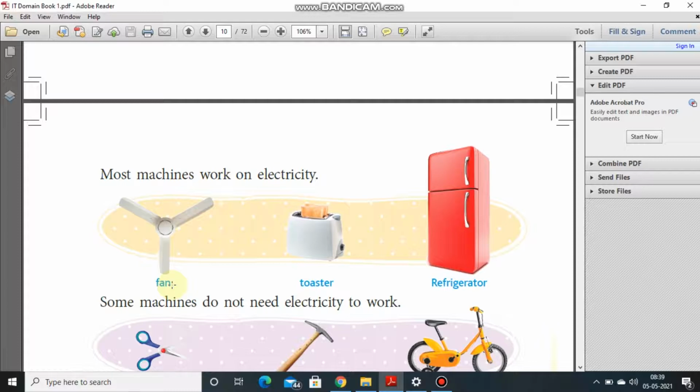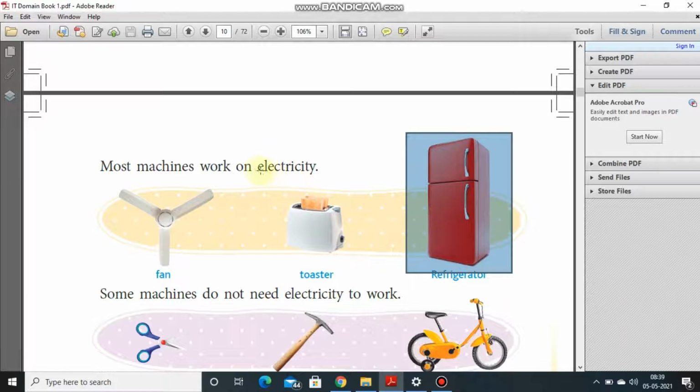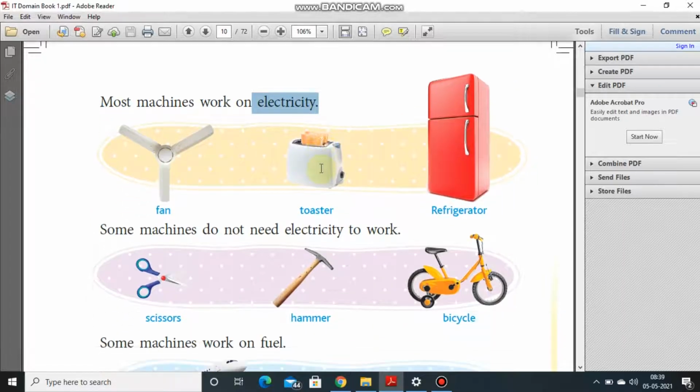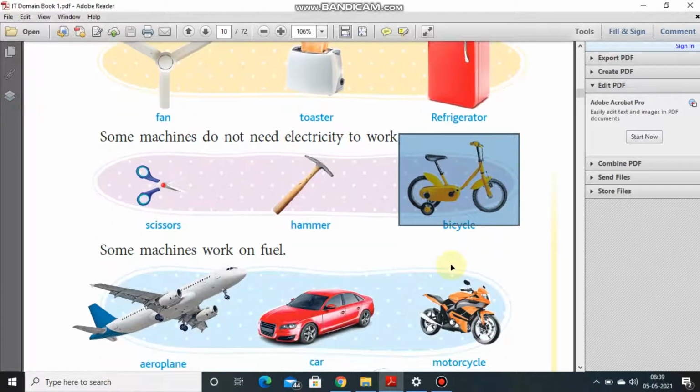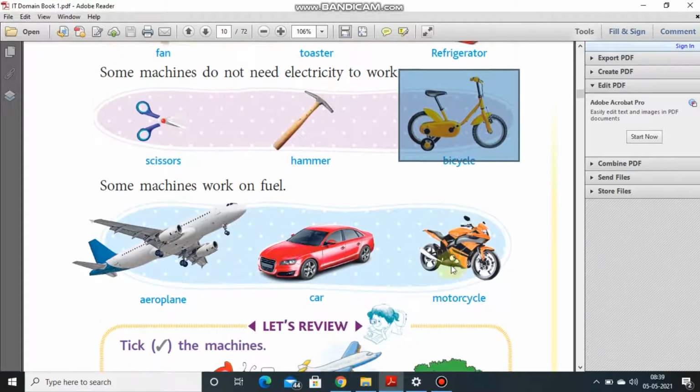Then we also learned that machines which work on electricity, like your fan, toaster, or refrigerator, require electricity to work, else they will not work. Then there are machines which do not require electricity, like your scissor, hammer, or your most important bicycle. It doesn't run on electricity.